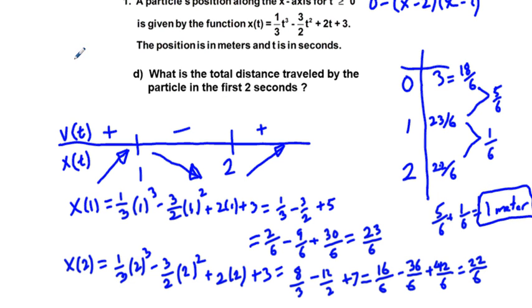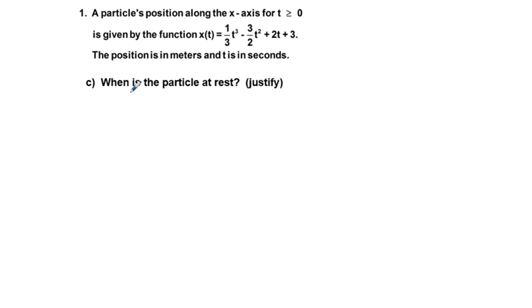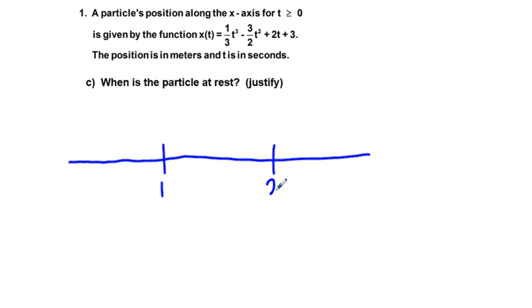Now backtracking a little bit, I have this wrong in my file here. It should say for C, when is the particle moving to the left? Well, that's going to be, again, our critical numbers, 1 and 2, and we have v of t up here, and x of t down below. To the left of 1 we have positive, moving to the right, negative moving to the left, and then positive moving to the right. And so when is the particle moving left?